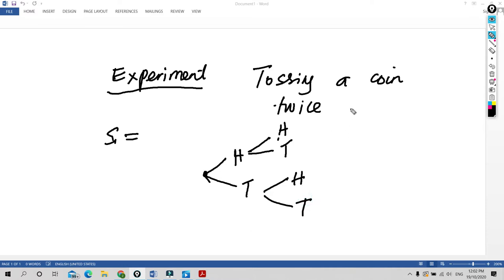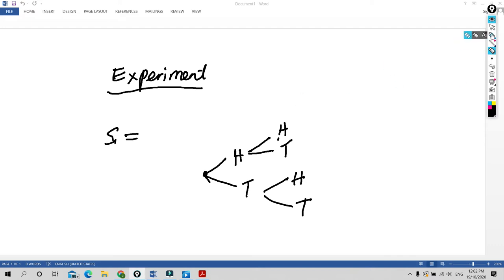So the sample points here are: you have head and head, and you have head and tail.